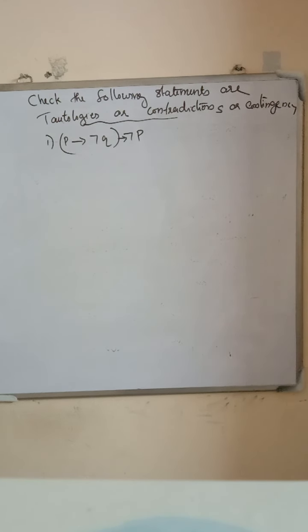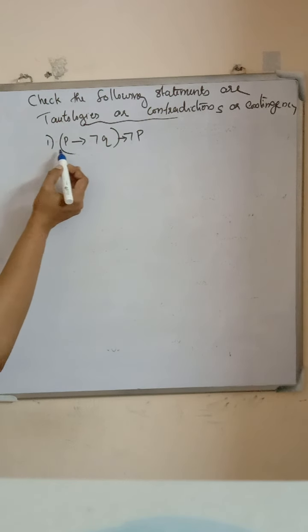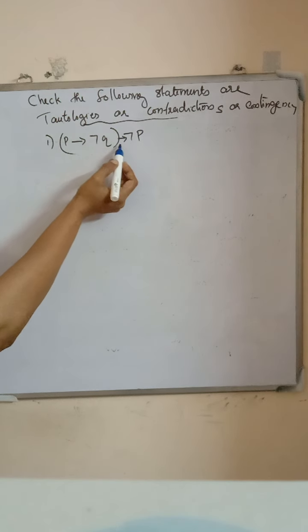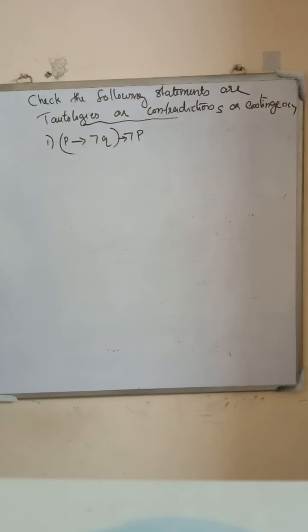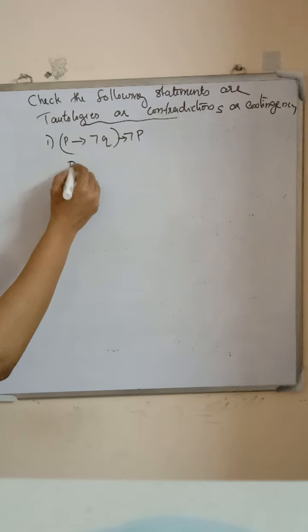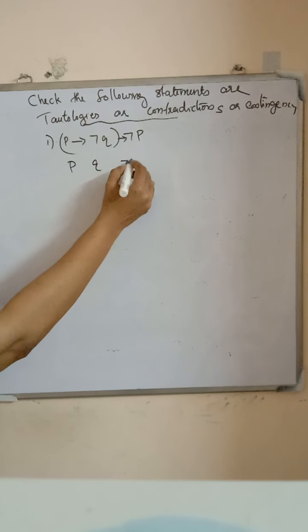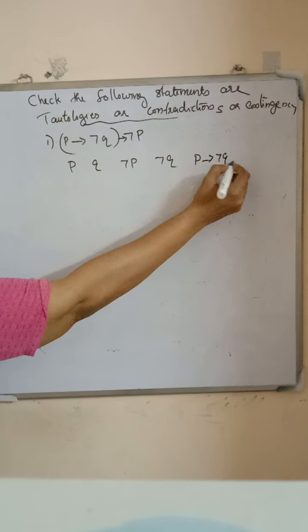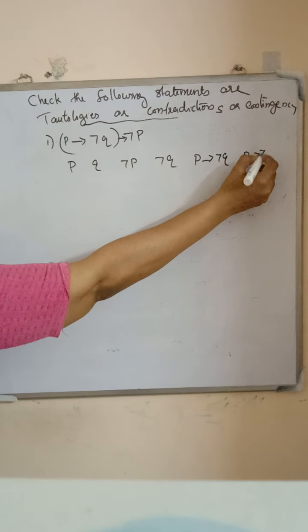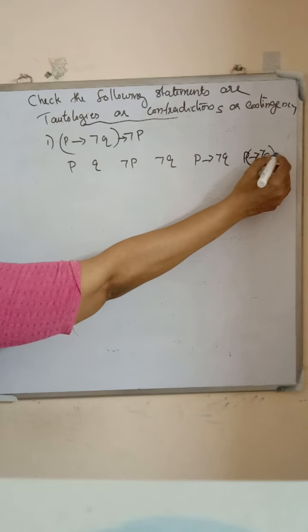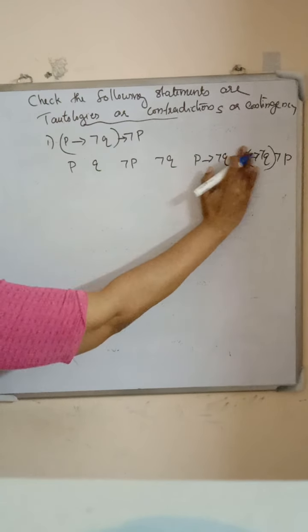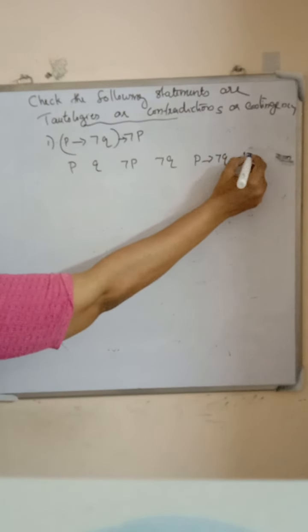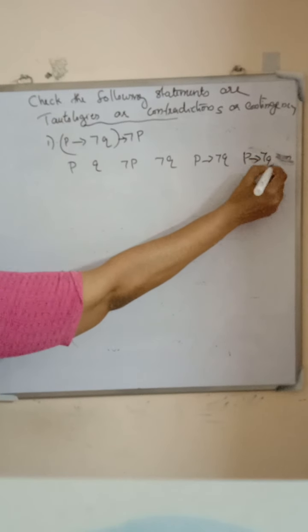Check whether the following statements are tautologies, contradictions, or contingencies. First statement is P conditional negation Q, conditional negation P. So P, Q, negation P, negation Q, P conditional negation Q, and P conditional negation Q conditional negation P are the statements.